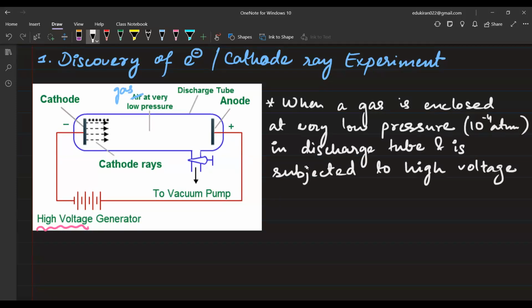So high voltage, I mean, it is approximately 10,000 volts.